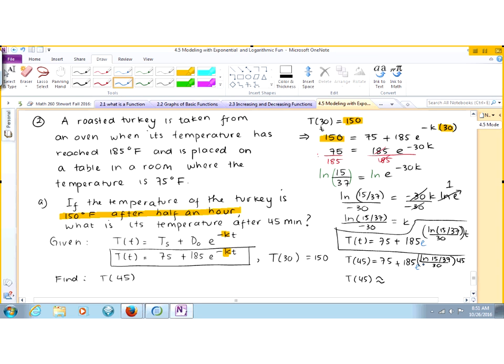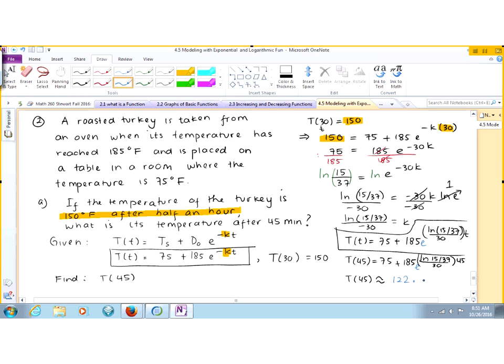Okay. So 75 plus 185 times e to the ln of 15 over 37, divided by 30, and then we multiply by 45. Close parentheses.